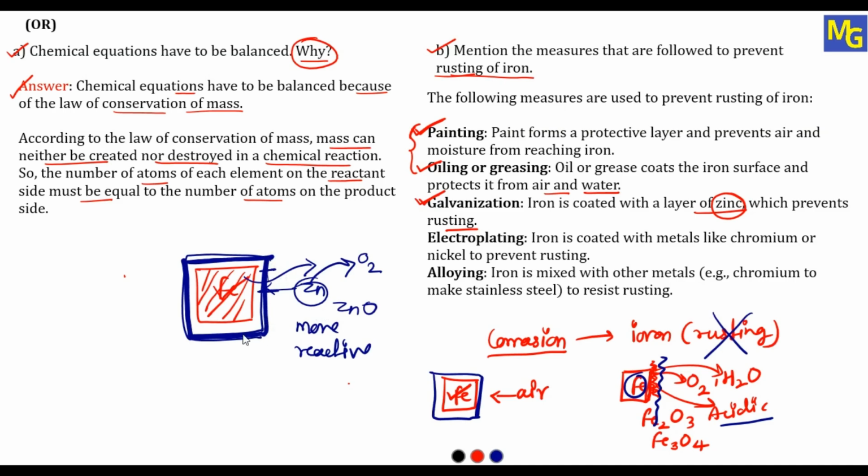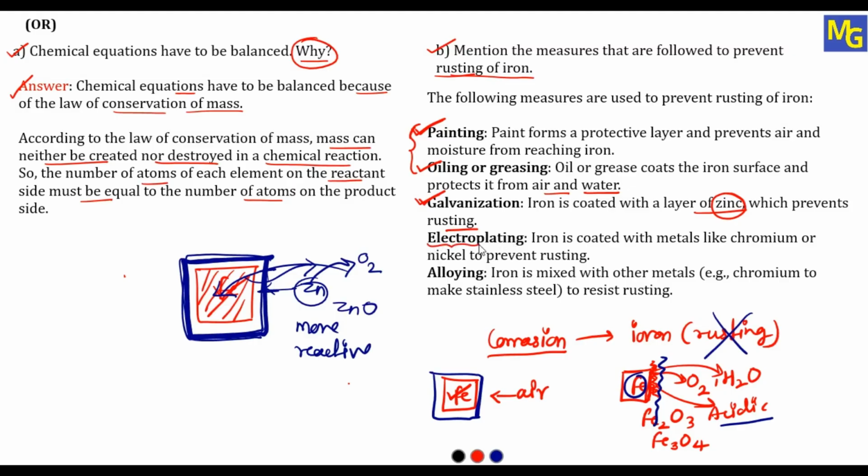Once the whole zinc gets rusted, then the air will attack the iron. Till this zinc is there around the iron, our iron will be safe inside. Remember, that is the advantage of galvanization. Now the next is electroplating.